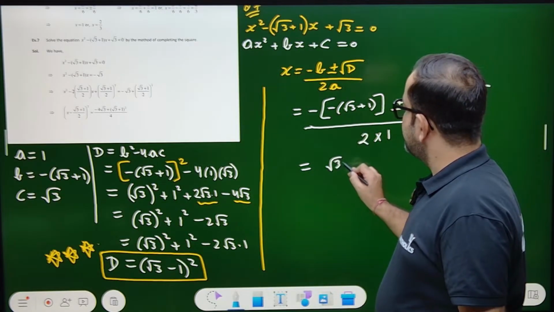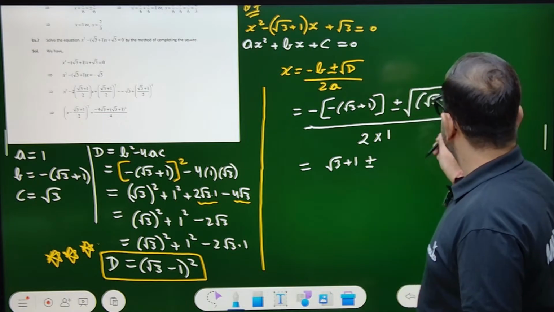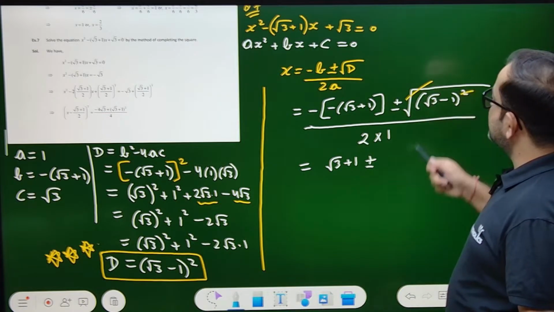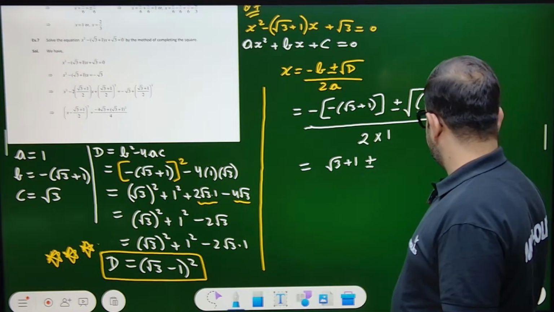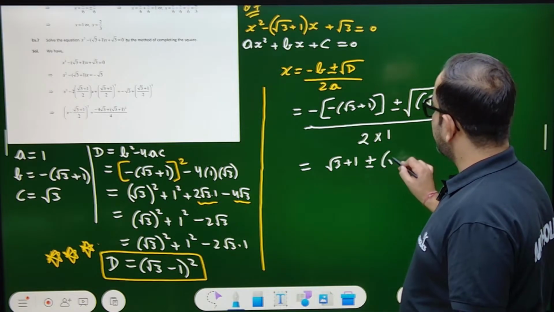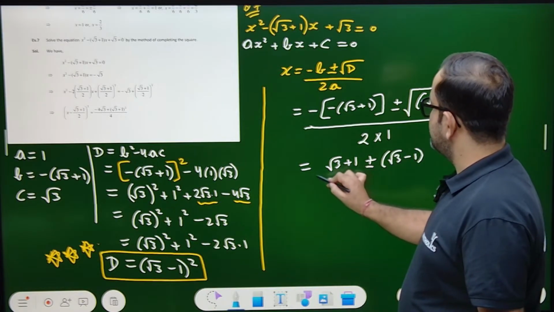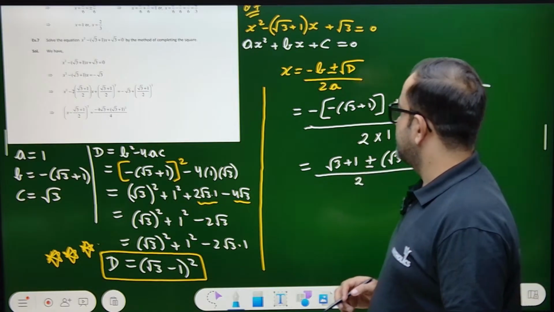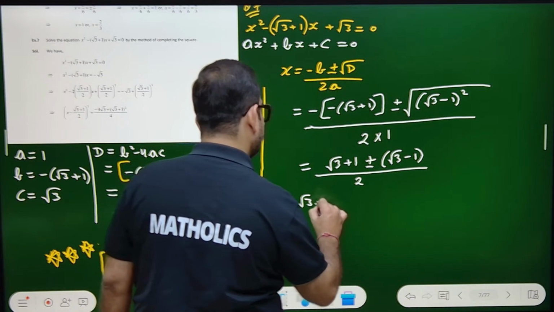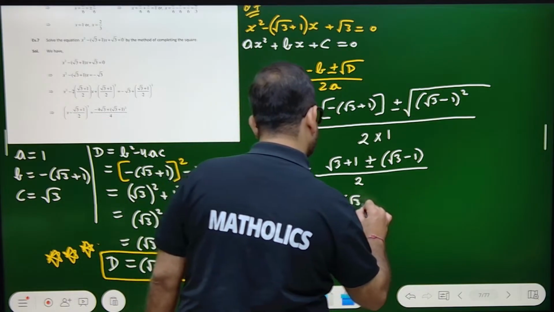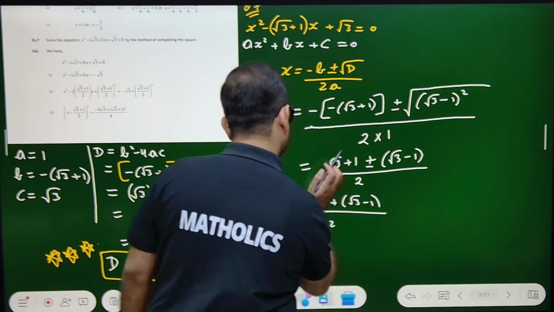So this is nothing but minus minus plus, that means it is root 3 plus 1 only. And plus minus, this square root will get cancelled by this square. So I'll be left with what? Only root 3 minus 1 in bracket, because here is minus also, upon 2. So first my answer is x equals root 3 plus 1 plus root 3 minus 1 whole by 2.